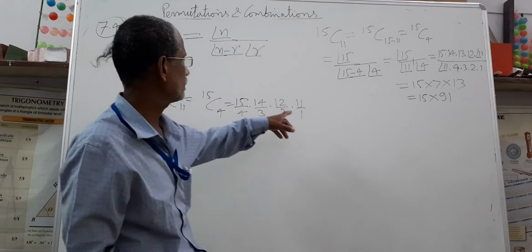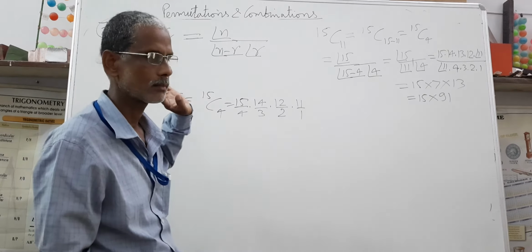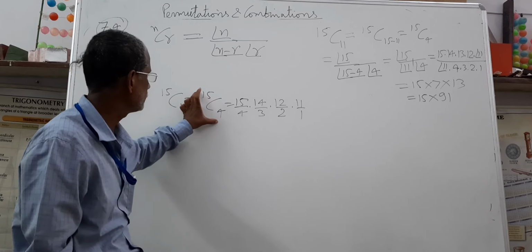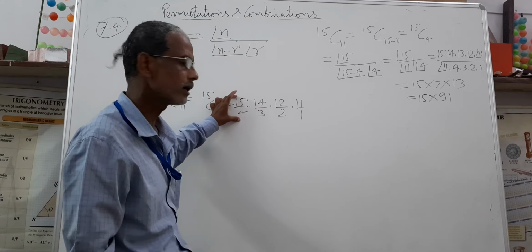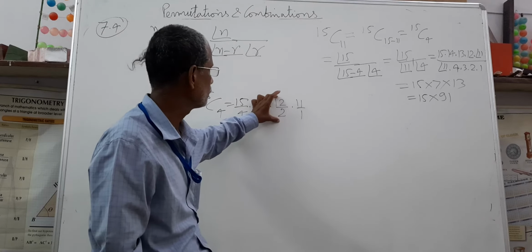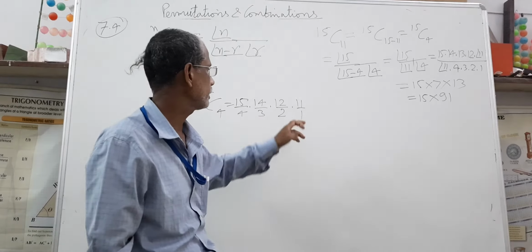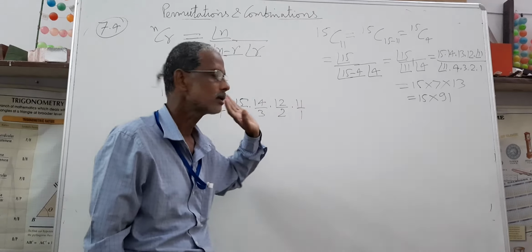When the denominator becomes 1, stop the process. Write down these two numbers 15, 4, then 14, 3, 12, 2, 11 in descending order. When the denominator becomes 1, stop the procedure.